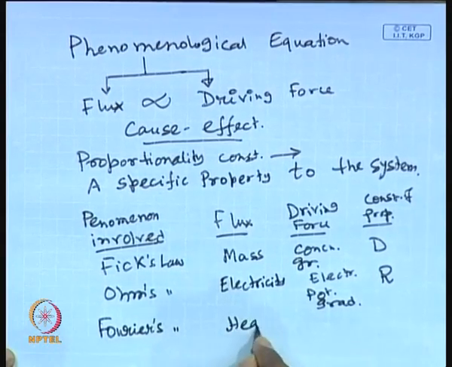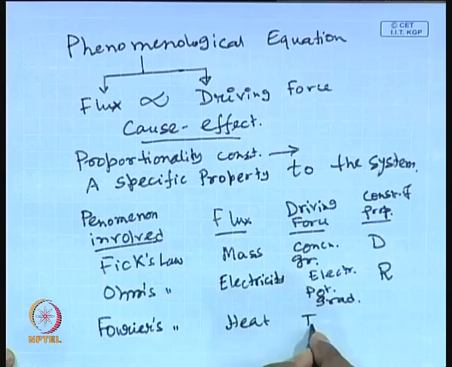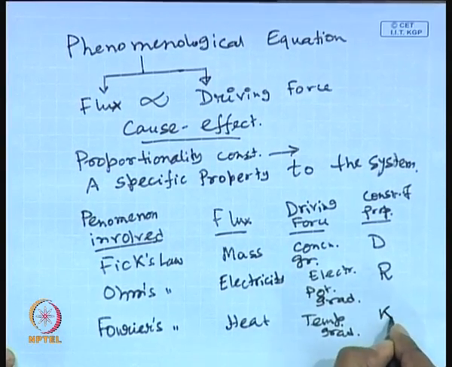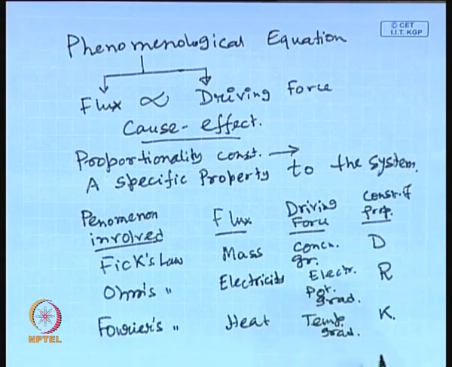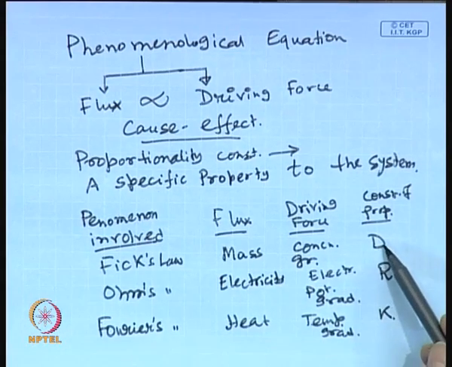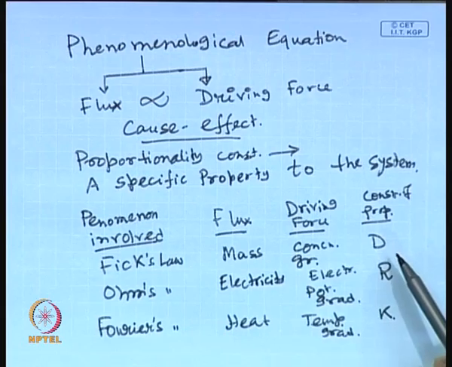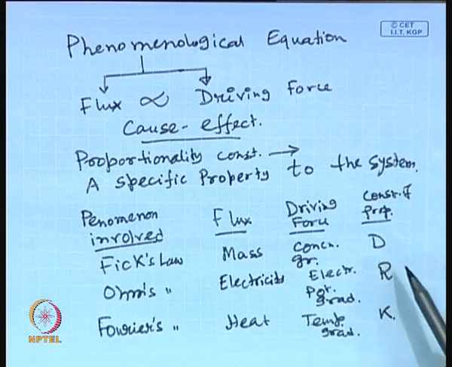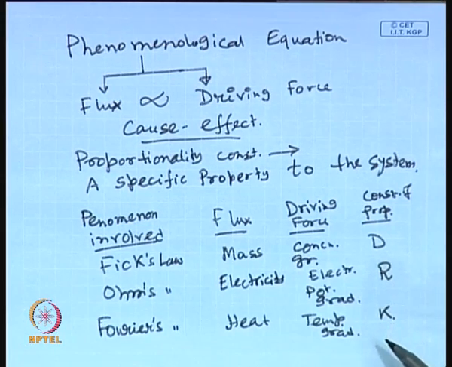The flux is heat flux, driving force is temperature gradient, and the constant of proportionality is thermal conductivity. Now, the proportionality constant becomes a constant property of a particular system: diffusivity, resistivity, and thermal conductivity.